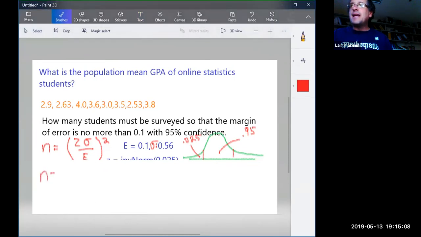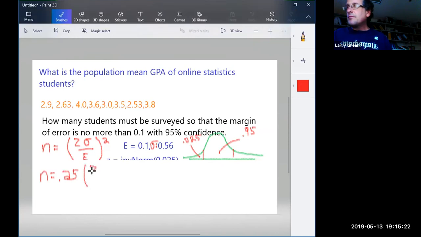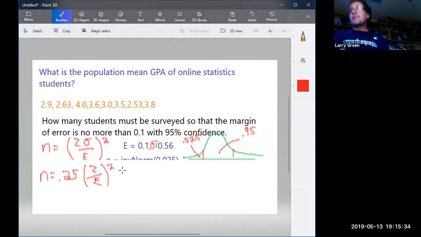So that's going to be n is equal to 0.25 times z over e, squared. Okay, so if you have no idea about what the proportion is going to be, then that's the formula you use. Z we know how to do. You draw a normal curve and subtract from 1, divide by 2, you do inverse norm, and that gets your z. E will be given.